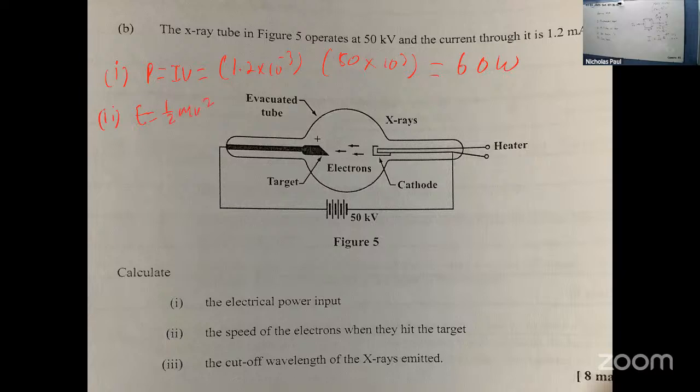But to find the energy, we use the charge of an electron times the voltage. Then we rearrange the formula and square root it, and you'll get velocity, lowercase v. The mass of the electron is 9.11 by 10 to the power minus 31.